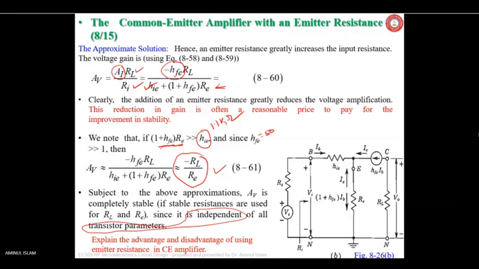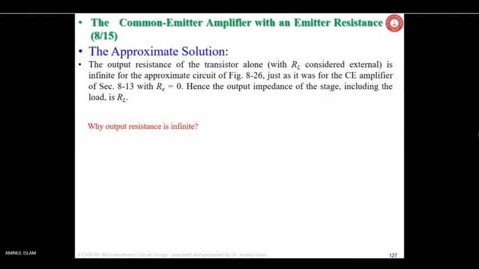But we know that h parameters vary. We have seen the plots also. h parameters vary with temperature and collector current, etc. So since those parameters are not there, from that side there is no chance of voltage gain variation. You are going to get a variation free from the device parameter. From the device parameter point of view it is free from variation, but it depends only on the external resistance connected at the load terminal and emitter terminal.